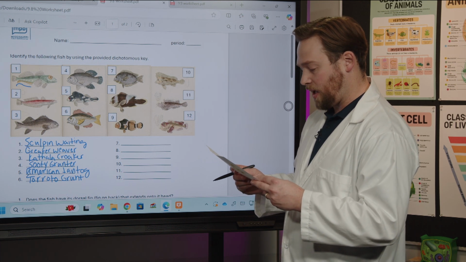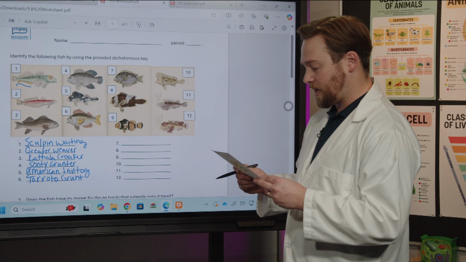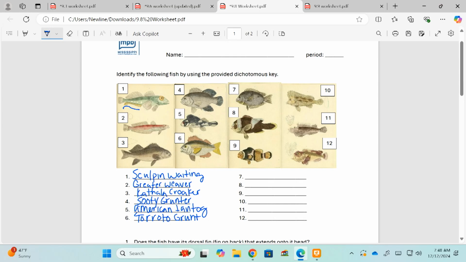No, so go to 12. Does the fish have fins that are tipped with yellow or a yellow chin? Okay, the fins look more of a solid yellow to me, but it does look like it has a yellow chin. If you look there right under its lips, there's a little bit of yellow there. So according to this dichotomous key, this is an orange chromide. Never heard of that fish before.